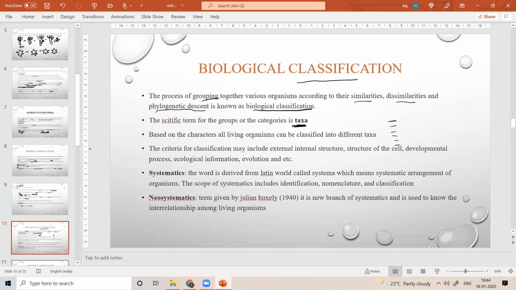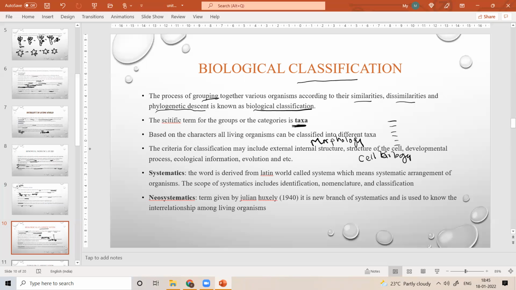Here, the criteria for classification, that means by what criteria living organisms are classified, include external and internal structure, maybe morphology, based on the morphological features, and structure of the cell, that means based on cell biology, and the developmental process, maybe embryology related.